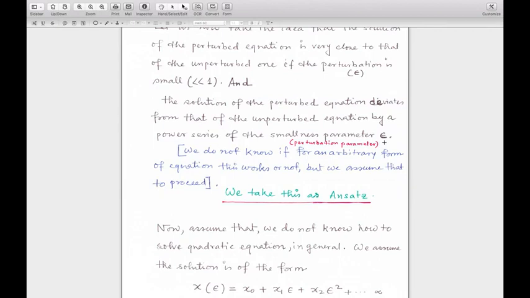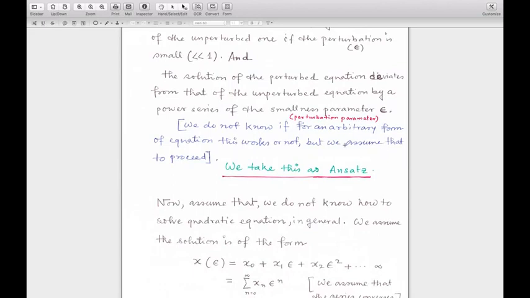So the perturbed solution is exactly equal to the unperturbed one plus the other terms starting from epsilon to the power 1. Now the question is whether this is a guarantee. Well, there is no mathematically rigorous proof for that. We do not know whether for an arbitrary form of equation this actually works or not, but we just assume that to proceed.